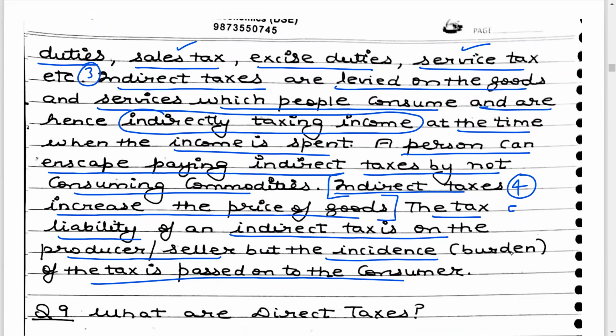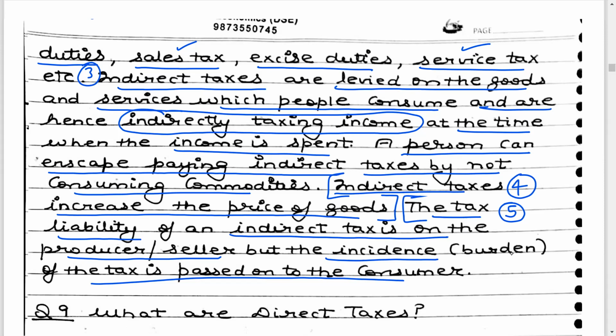And the fifth point, which I had explained on the whiteboard, is that in case of an indirect tax, tax liability and tax incidence are on two different entities. By tax liability, we mean the person or the entity who is liable to pay the tax. And by tax incidence, we mean that person or entity who is actually bearing the burden of the tax.